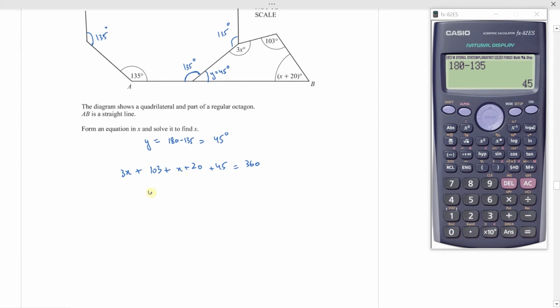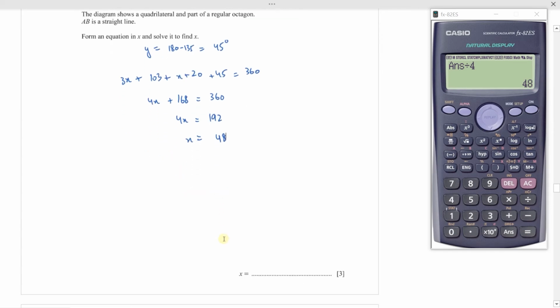So 3x plus x will be 4x, and if I add the others, 103 plus 20 plus 45, it's 168, equals 360. So 360 minus 168 is 192. 4x equals 192, and x will be 192 divided by 4, which is 48. So your value of x here is 48.